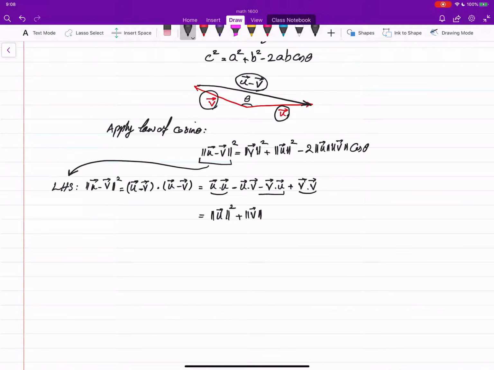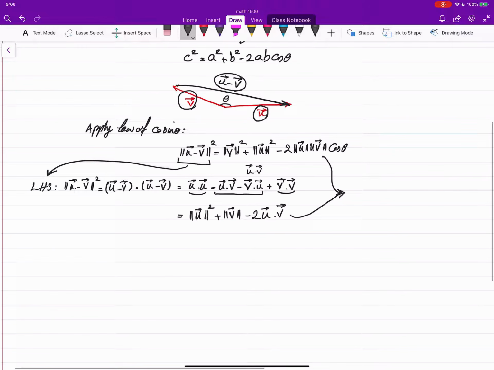But on this side, you remember the commutativity of the dot product. We can switch the order here. You write u dot v, and then we will have 2u dot v, is actually negative 2u dot v. Well, the left-hand side is equal to that, the right-hand side is equal to that, then we can set these equal to each other, yes?